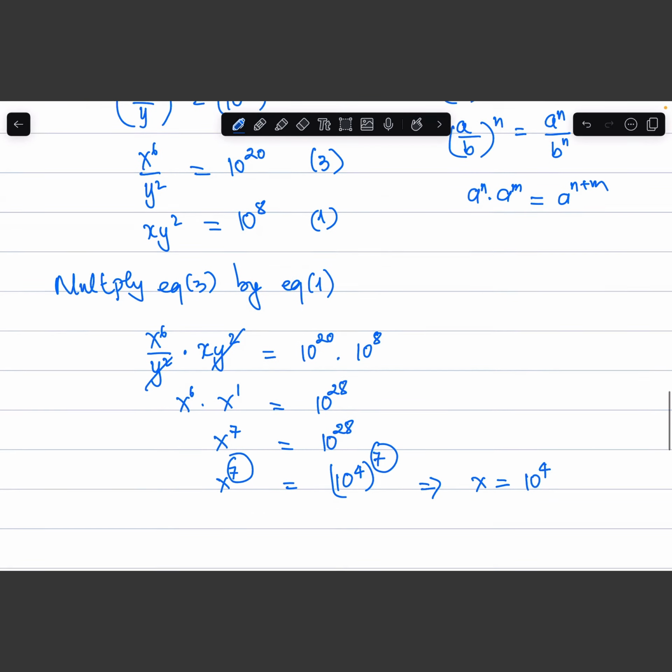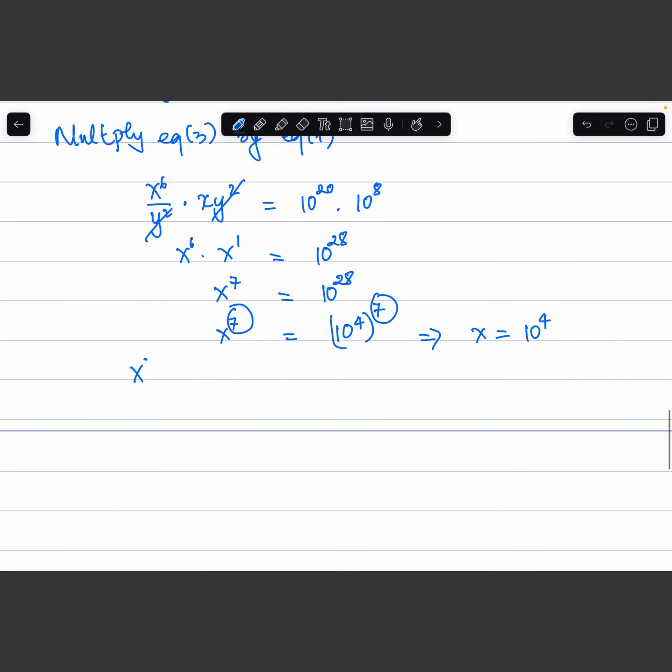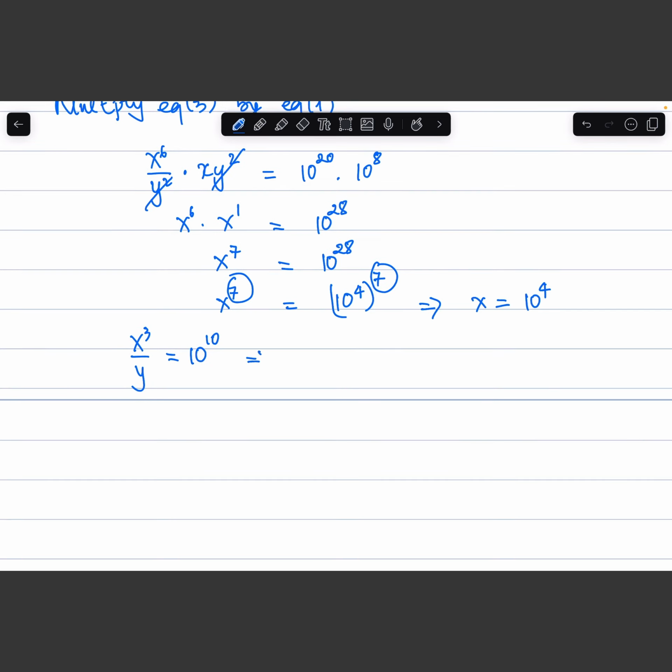In equation 2 we have x cubed over y is 10 to the power 10. From this we solve for y, and we get y is equal to x cubed over 10 to the power 10. We replace x with 10 to the power 4, so this is 10 to the power 4, cubed outside, and we get 10 to the power 10 in the denominator.